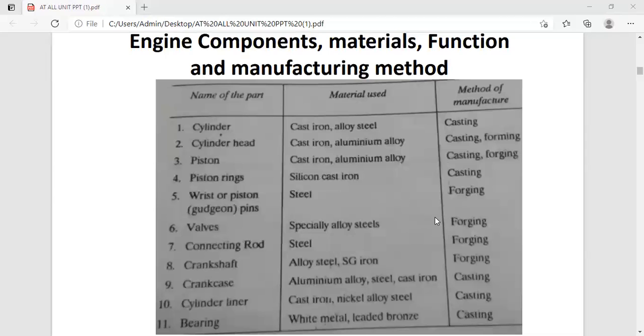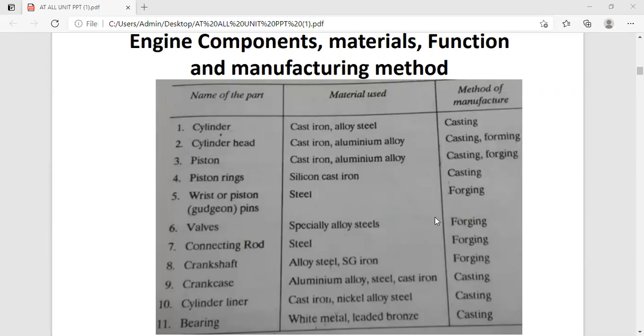Now, the next point: we are going to cover the engine components, material, function, and manufacturing methods. First, the name of the part is the cylinder.